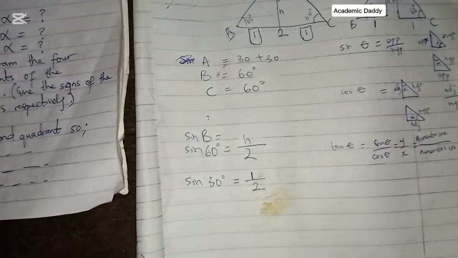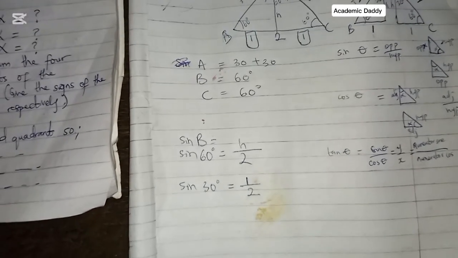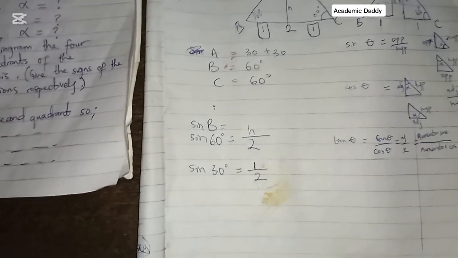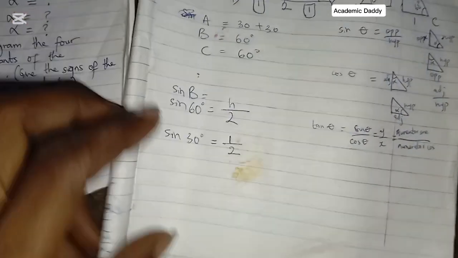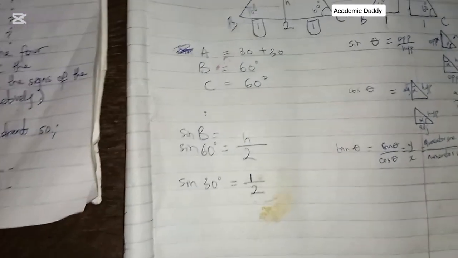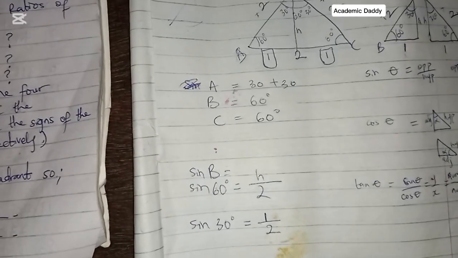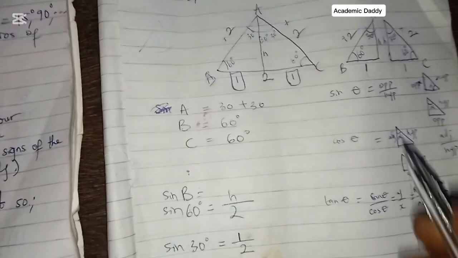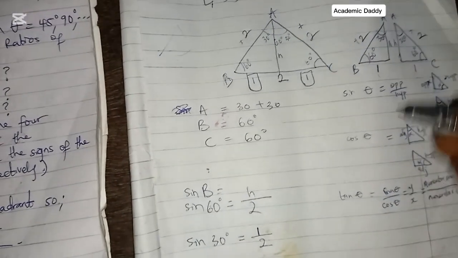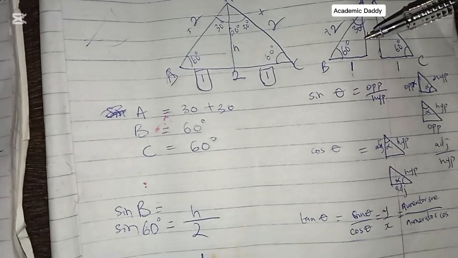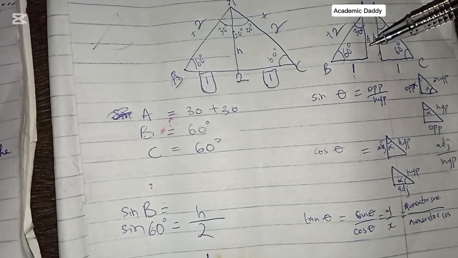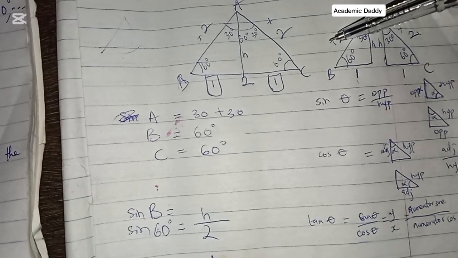Okay. What about cos 30 degrees, since I've done this now? So if I know this now, that this is 1/2, this is 1/2, I can actually say, at this point where I have this, let me do cos 30 degrees. Cos 30 degrees will simply be adjacent over hypotenuse.